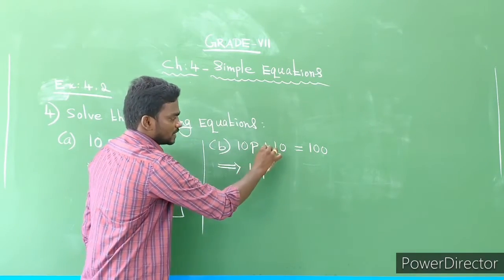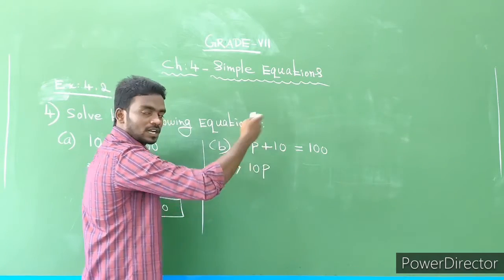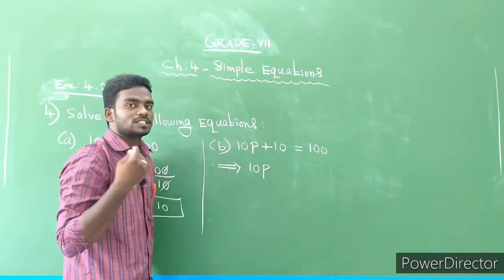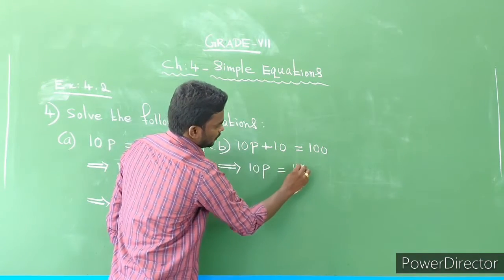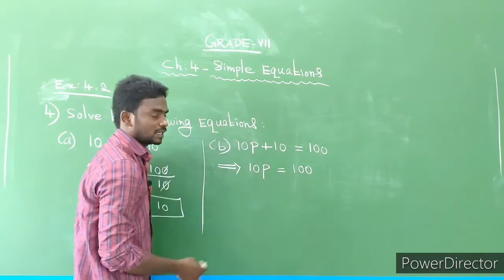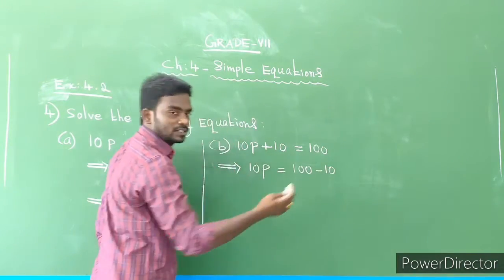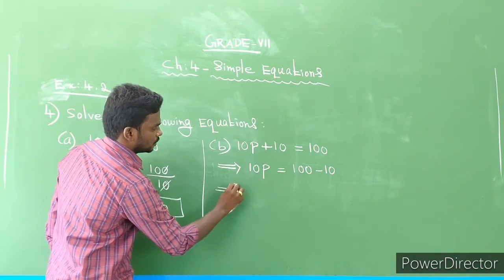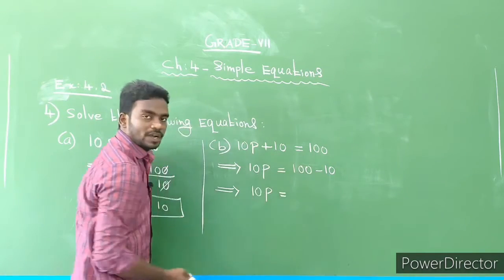So this plus 10 is transposed to minus 10 on the right side. So 10p is equal to 100 minus 10, because the value on the right side is 100 already. What is the value of 100 minus 10?